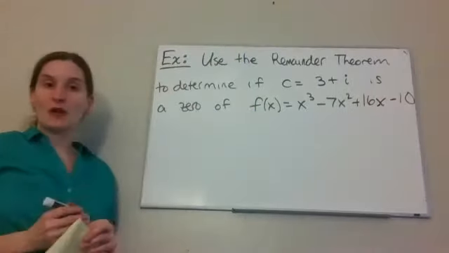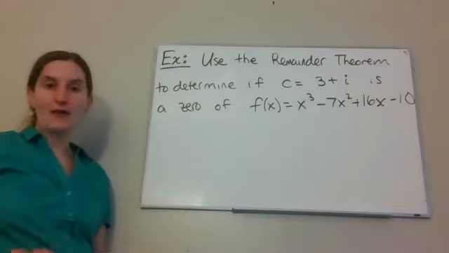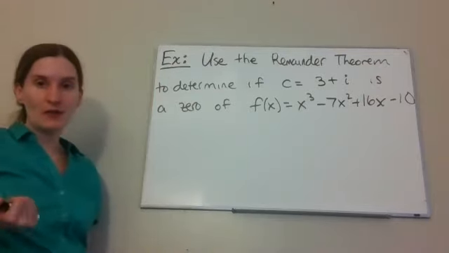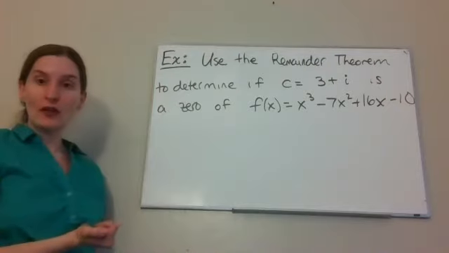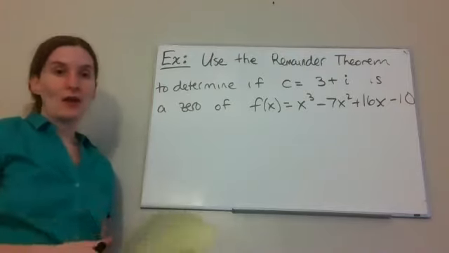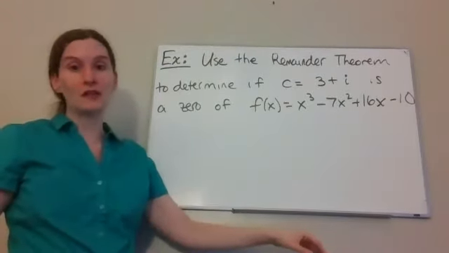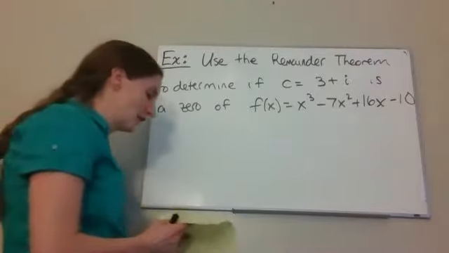So the first thing I want to point out is we have a zero if f of the number equals 0. My remainder theorem says f of c is going to be the remainder. So if this c is going to be a zero, my remainder should be 0. So let's set up our synthetic division.